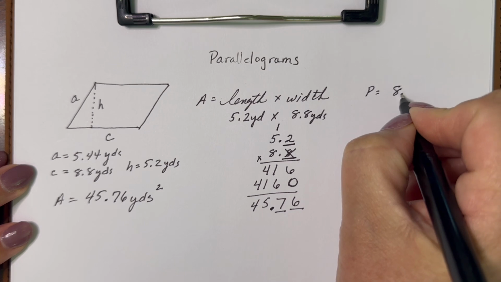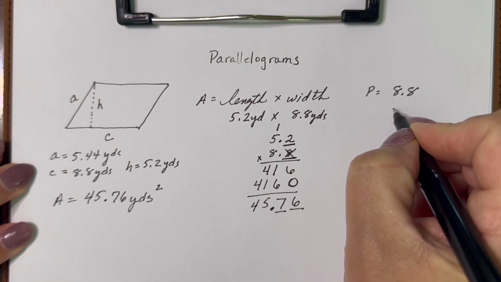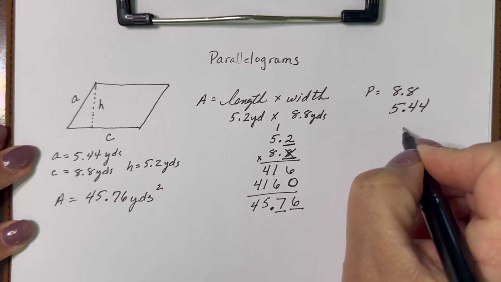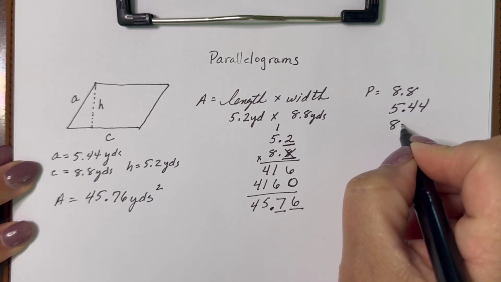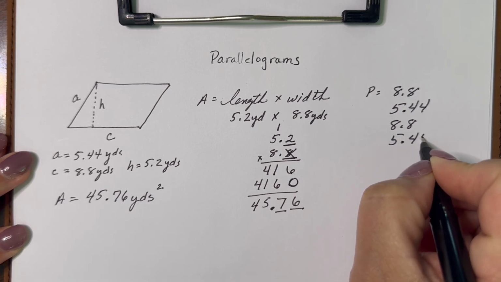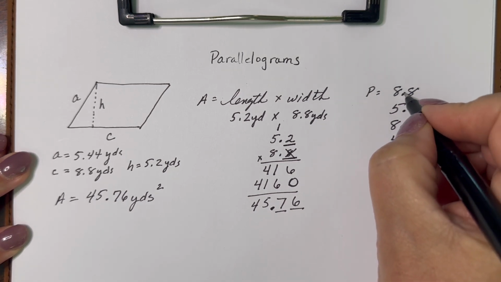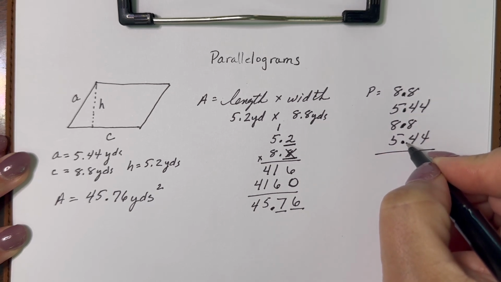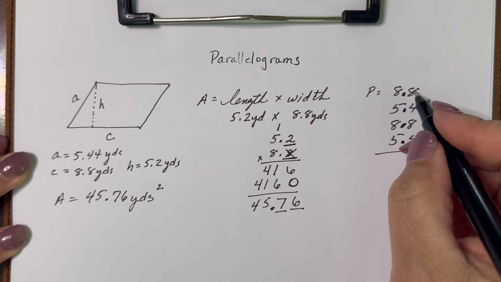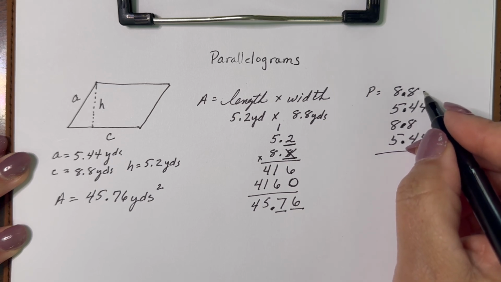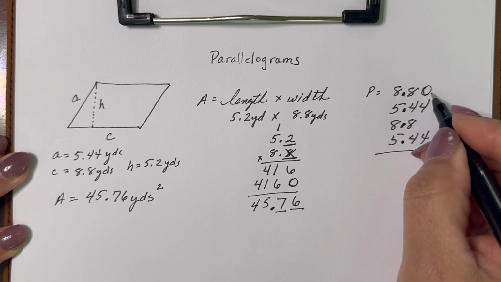So 8.8 plus 5.44 plus 8.8 plus 5.44. Notice I lined my decimals up. Here's a perfect example why it's important to be neat. Here, I have nothing. Instead of nothing, I'm going to put a 0 there.